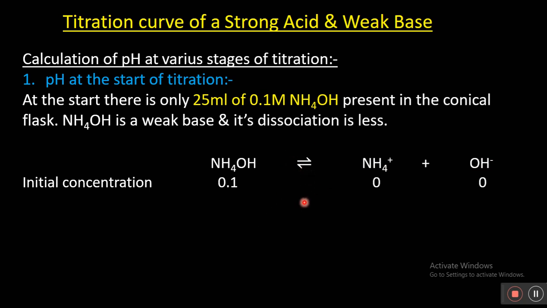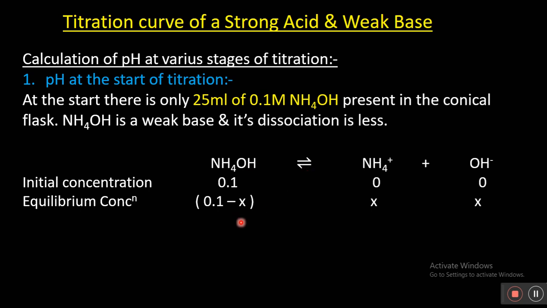At equilibrium, let's say X is the concentration of NH4 plus ion and X is the concentration of OH minus ion. Therefore the remaining concentration of NH4OH will be 0.1 minus X.